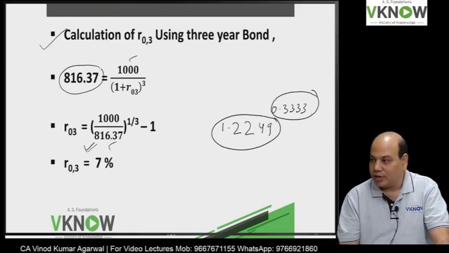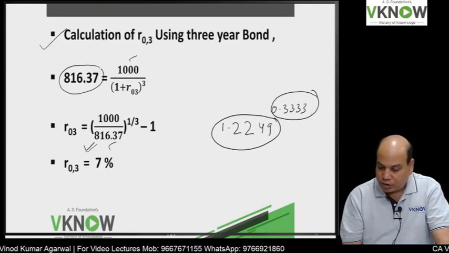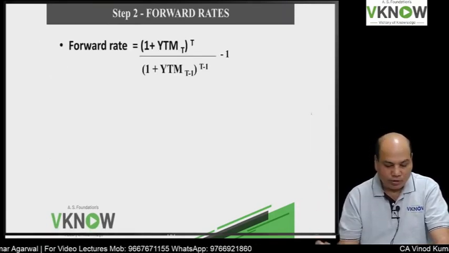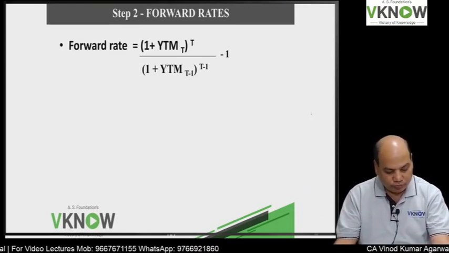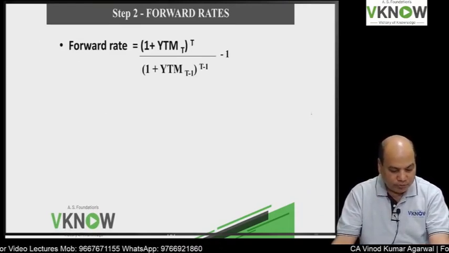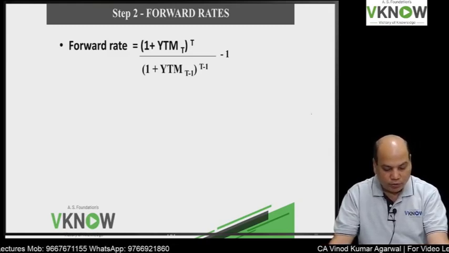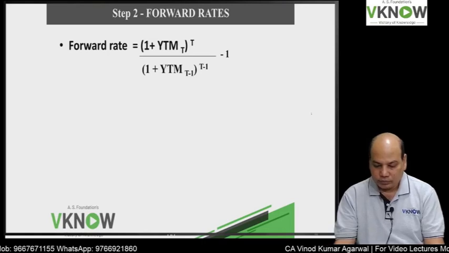So these are the YTMs. These are not forward rates. Now we will find out the forward rate, which is your first question. Write down step number 2, forward rates. Write the formula for forward rates.